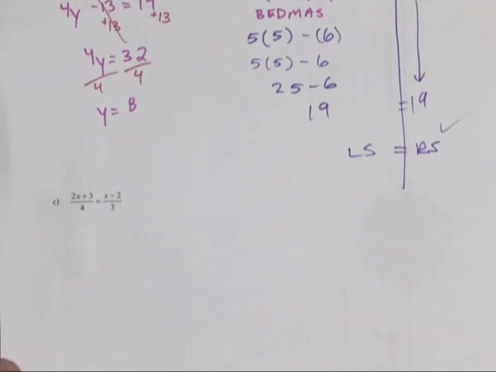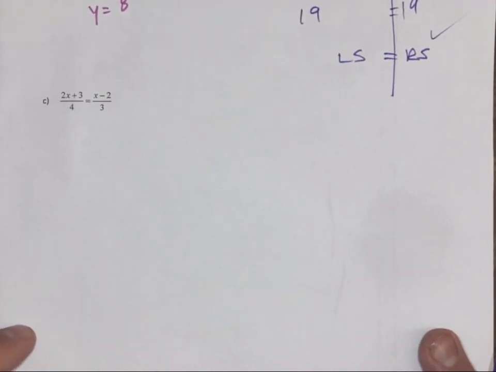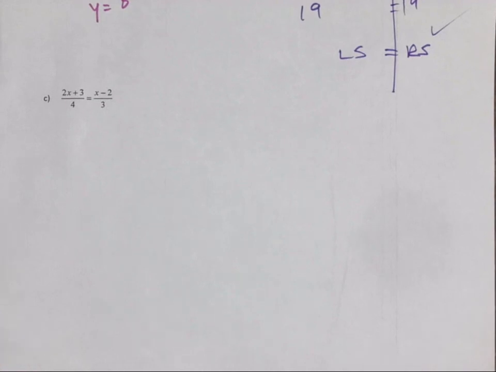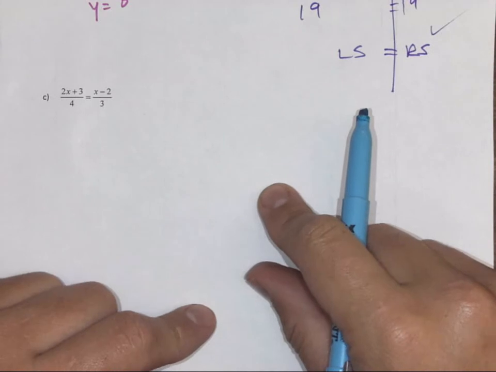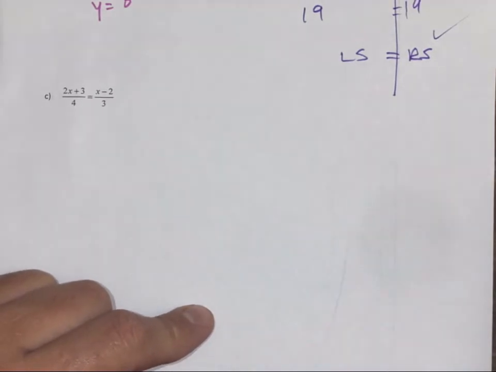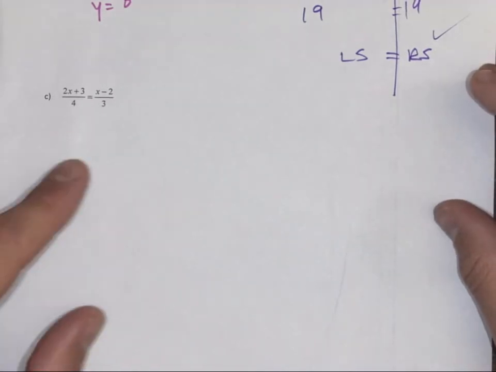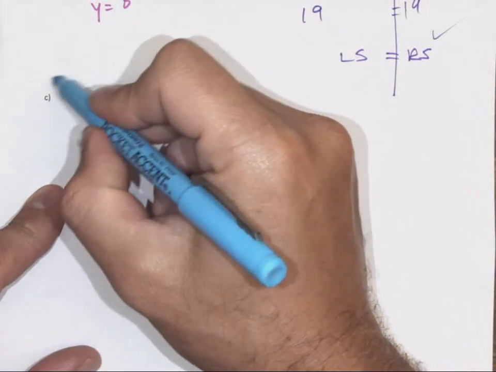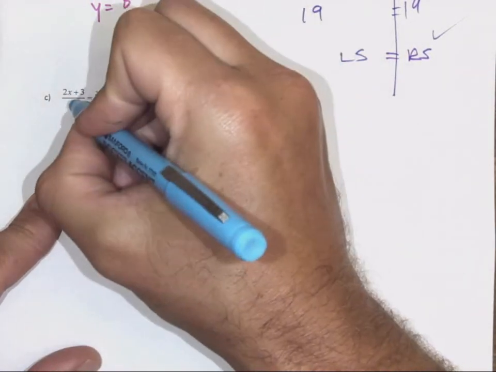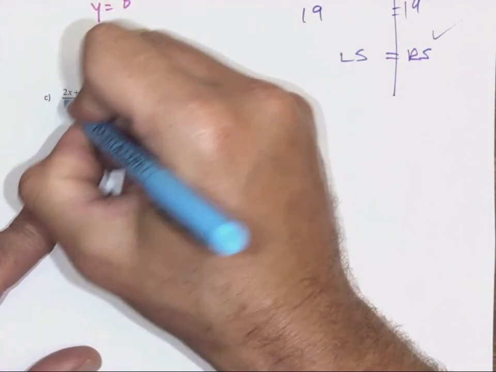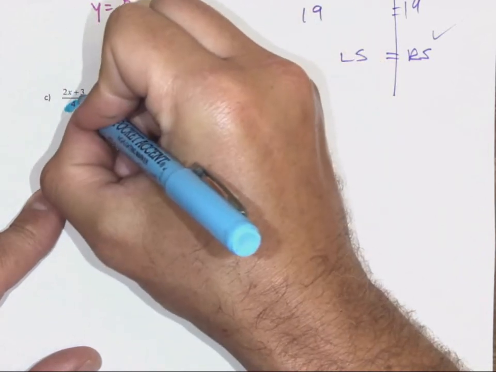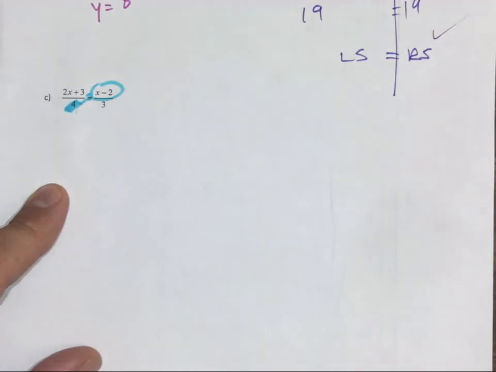Let's do one with fractions and x's on both sides as we work through here. So, I want to get rid of fractions. Depending on how you learned how to get this, we're going to cross multiply. So we have one fraction on the left, one fraction on the right. I'm going to take 4, and I'm going to multiply it by that entire thing.